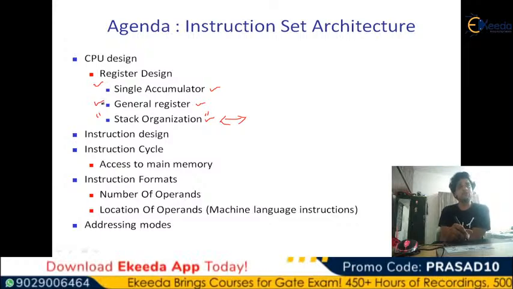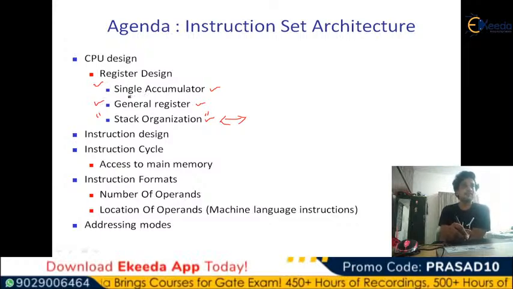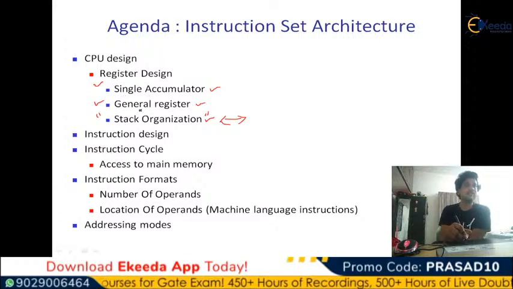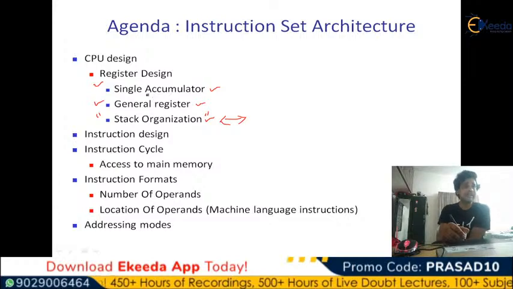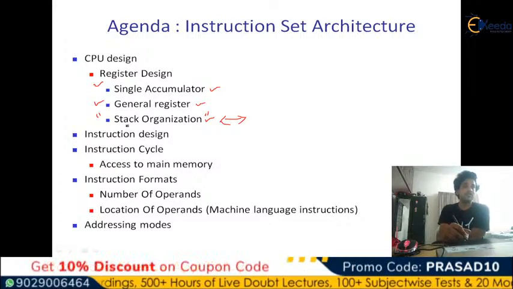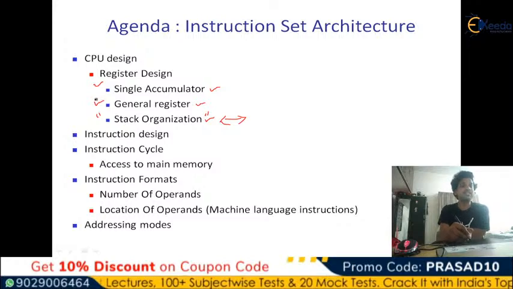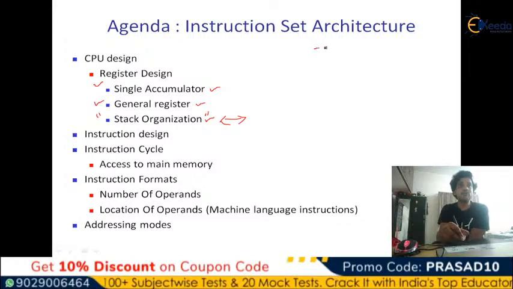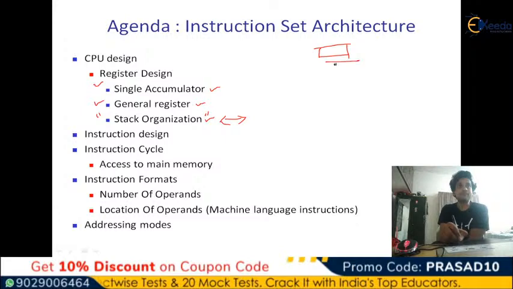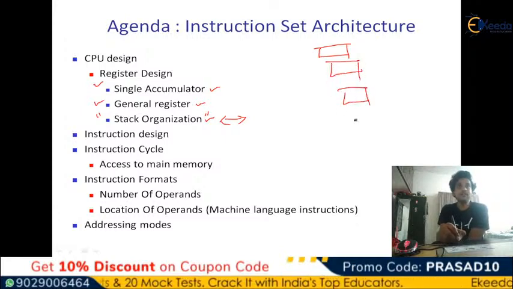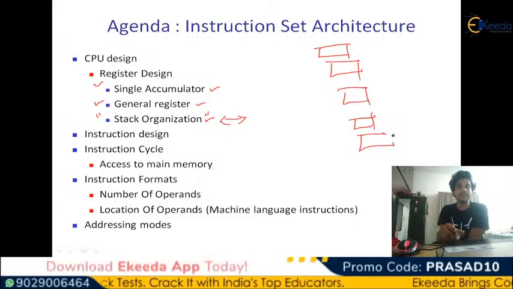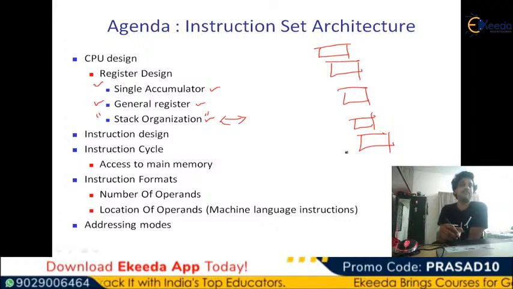It is very early to discuss the finer details of these, because when it comes to designing a register set, the essential thing to understand is that the CPU should hold several registers at a time. The way you organize them can be of different types.